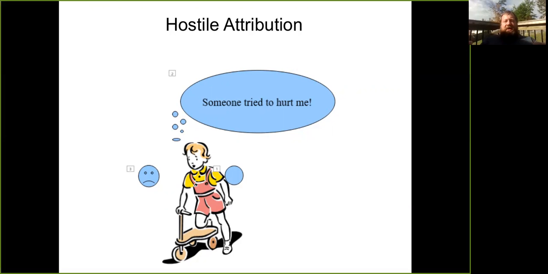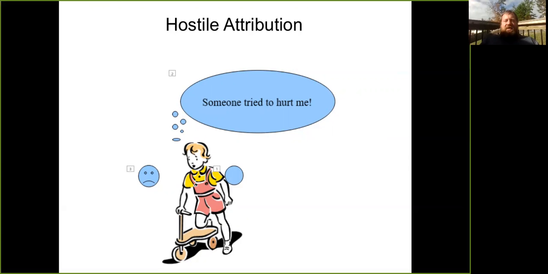Now, there are some individual differences there, and not all children at that young age act upon those hostile attributions. In fact, how well they regulate their behavior and emotions governs whether they react to those hostile attributions during early childhood.